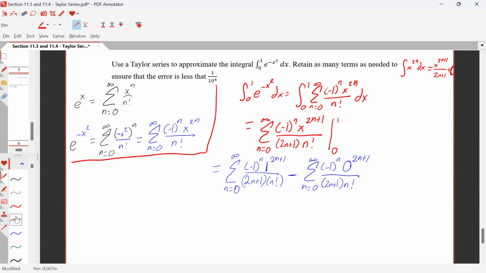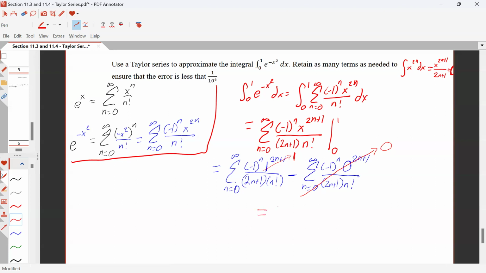This second series here has a 0 to a power. The whole thing ends up being 0 because every term is 0. And then this 1 to the 2n plus 1 is always 1, because 1 to any power is 1.